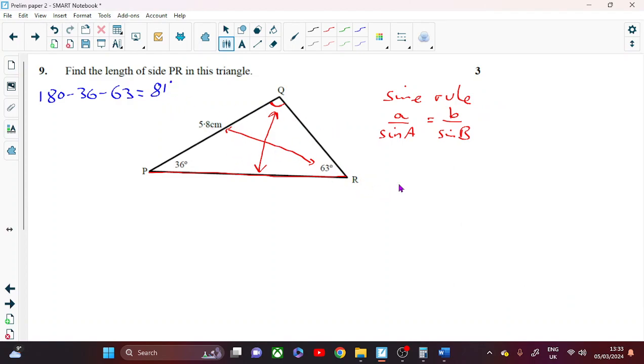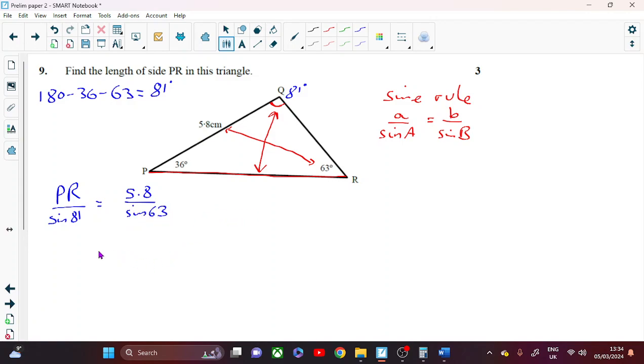Okay, next step. We know that that is 81 degrees. We are looking for the side PR, and that over sine 81 is equal to this 5.8 over sine of this angle, so sine 63.